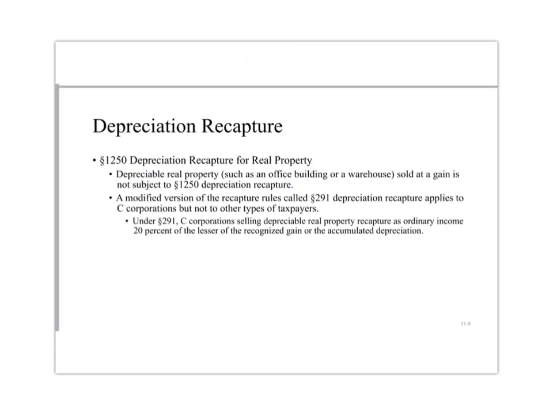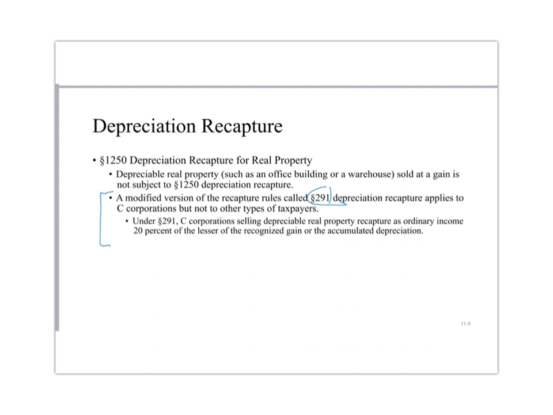All right, let's talk briefly about Section 1250 property. There used to be depreciation recapture for real property. That has pretty much ended, except in the case of C corporations. In C corporations, it's called Section 291 depreciation now, because there's a different code section that talks about it.